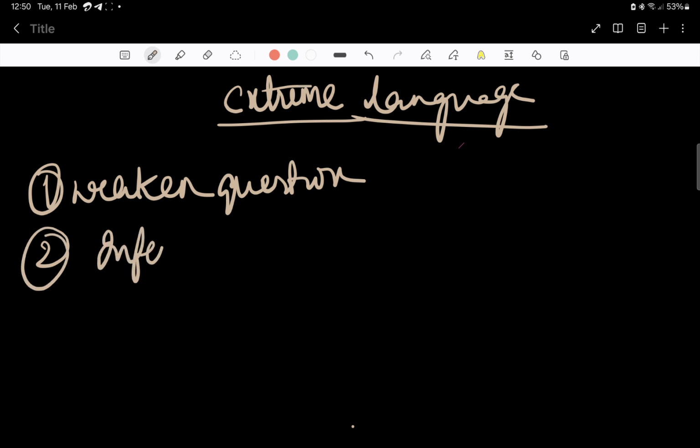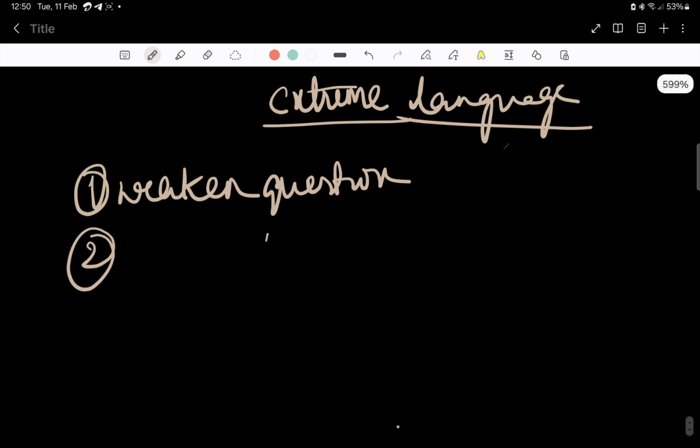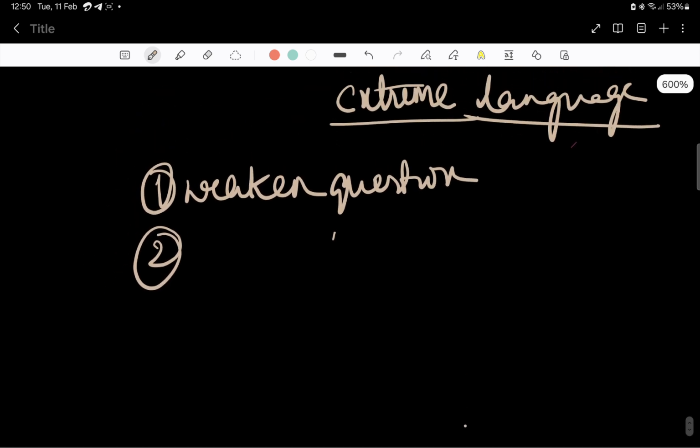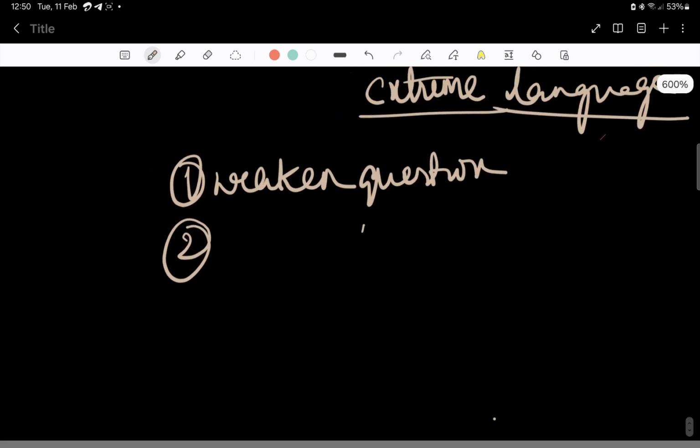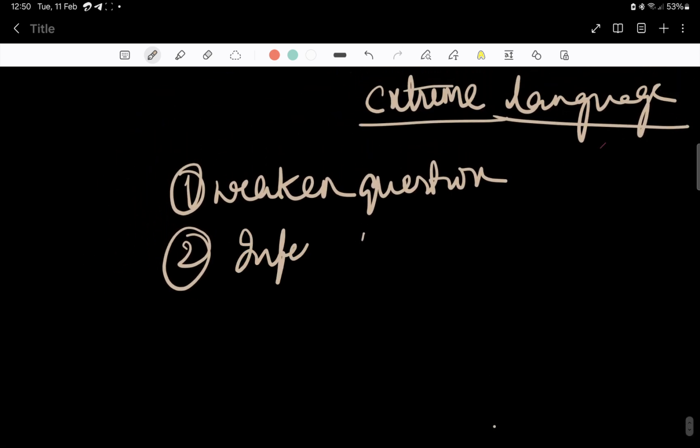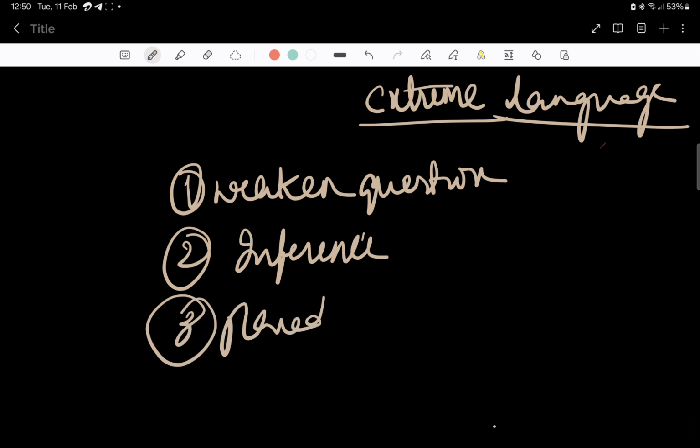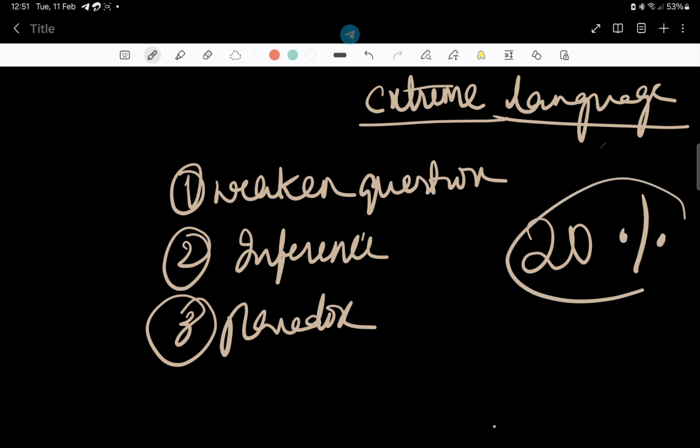And we can also use it for inference questions. The third one will be paradox. Understanding these increases your accuracy by at least 20% in CR for sure.